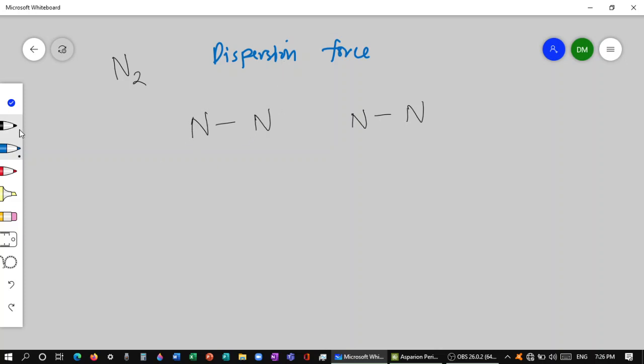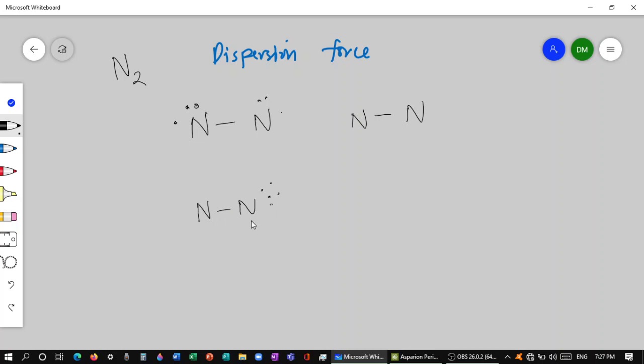So again, if we try to draw this one, this nitrogen has 5 valence electrons. Then this one also has 5 valence electrons. And again, these valence electrons are not stable, or they are not permanent in their place. They are constantly moving around the molecule. Let's say, for example, at one moment, all the electrons stayed on this side.